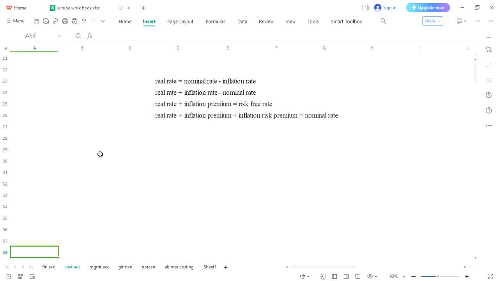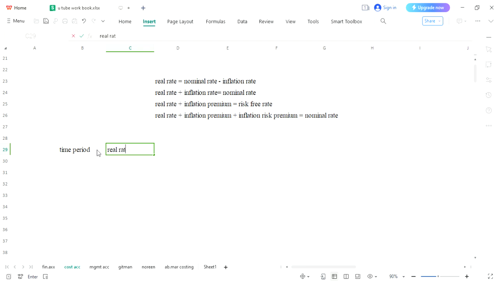So for that we need our time period if it is given, then we need our real rate. Normally it is denoted by K, and then we have inflation premium.